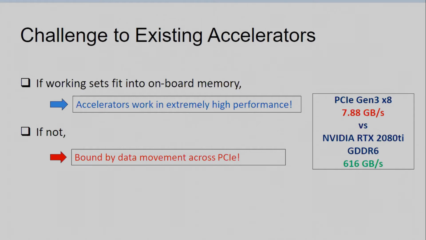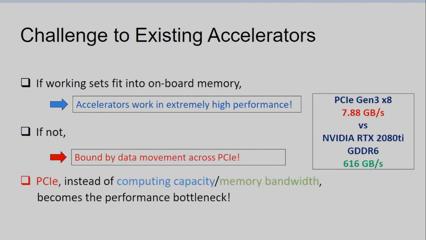By contrast, an NVIDIA RTX 2080 Ti GDDR6 can provide more than 600 gigabytes per second. You can see there is a huge gap between them. So instead of the accelerator's computing capacity or memory bandwidth, it's the PCIe that becomes the performance bottleneck.